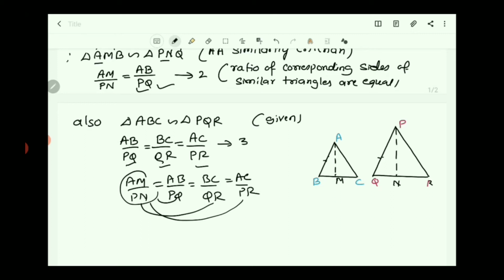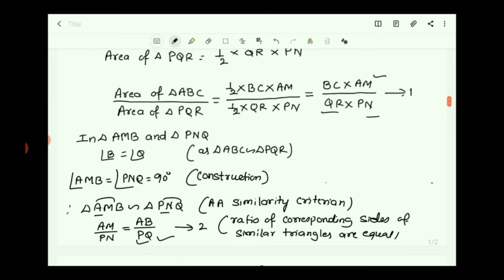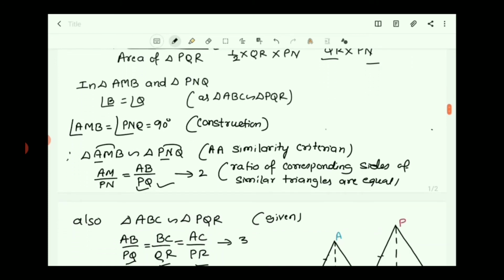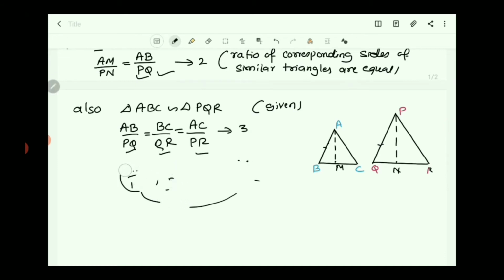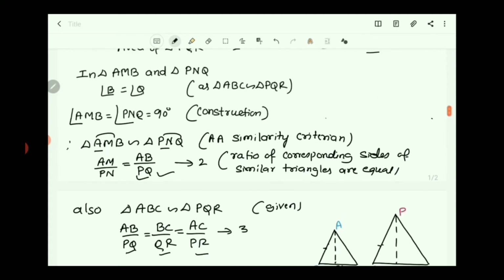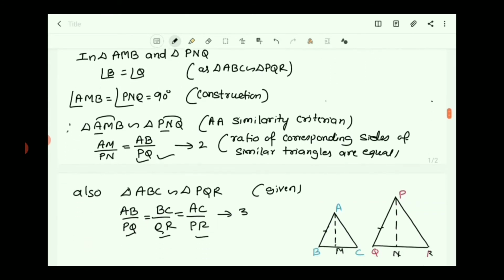So you can write BC by QR into AM by PN as AB by PQ into AB by PQ.